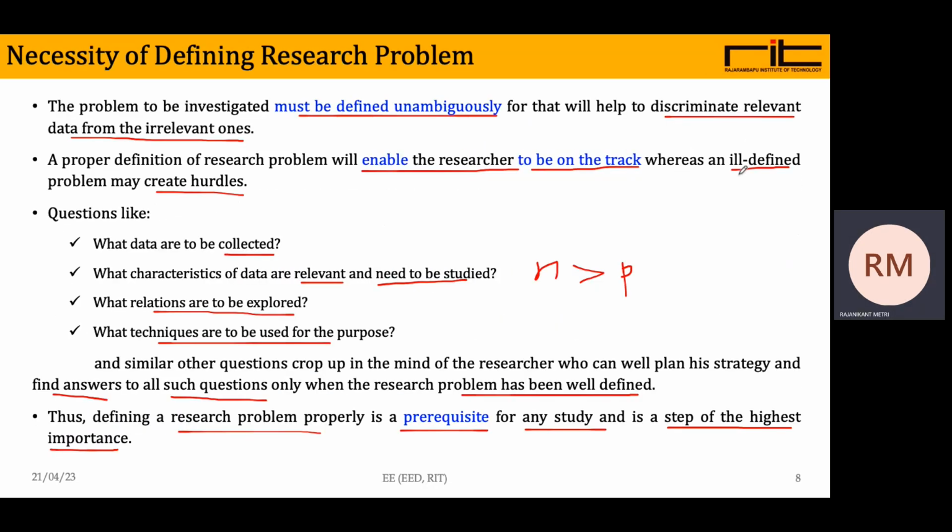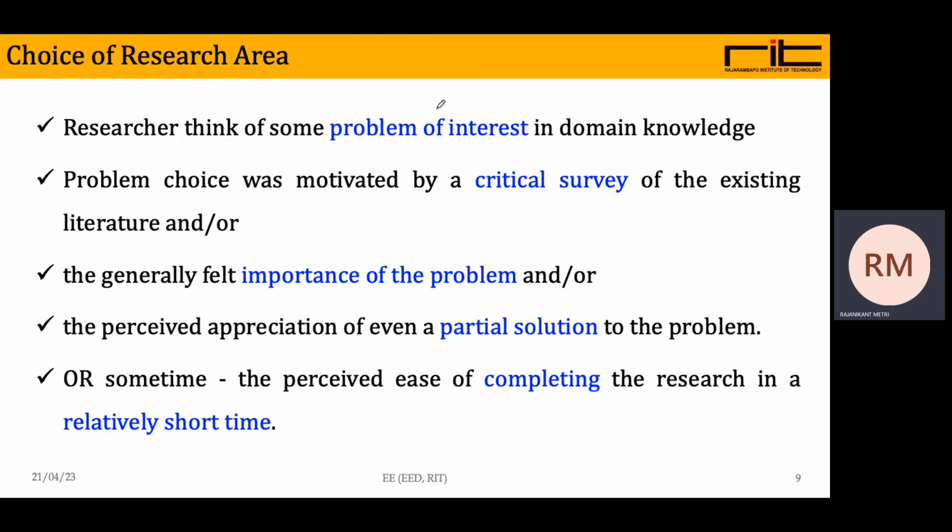Now, while defining this research problem, again, it depends on the field. If the researcher is from arts, from science, or from technology, how can we choose the research area? Here are some points: the researcher thinks of some problem of interest in their domain knowledge.